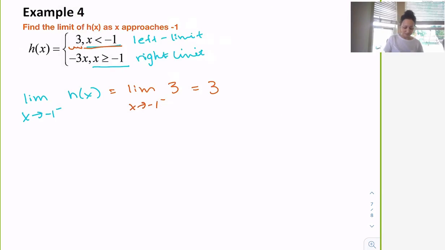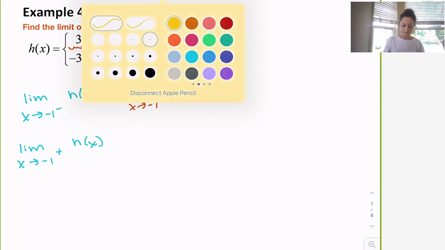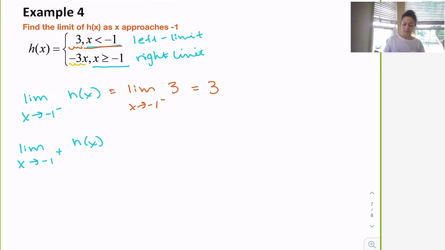Now let's go ahead and find the limit as x approaches -1 from the right of h of x. So for this limit, would I want to use the top piece, the bottom piece, both, or neither? This time I want to use the bottom piece, right? So I'm going to take the limit as x approaches -1 from the right, and I'm going to grab that bottom piece, which is -3x.